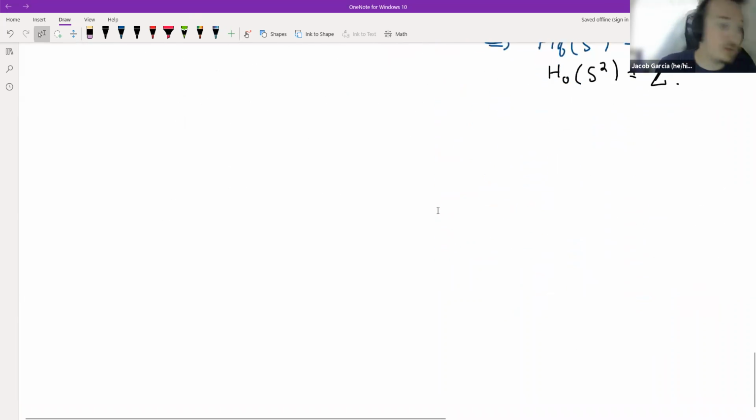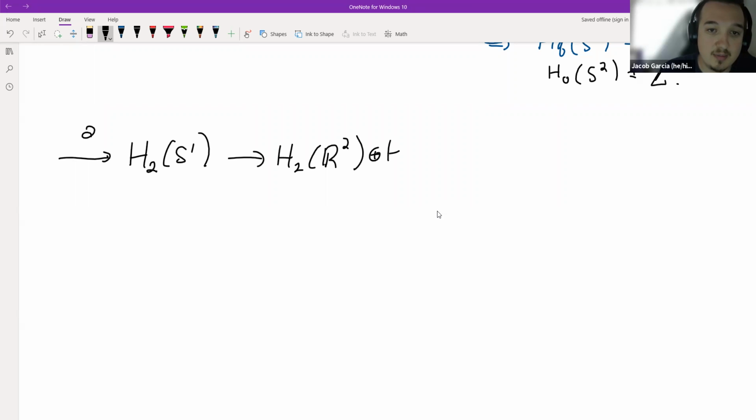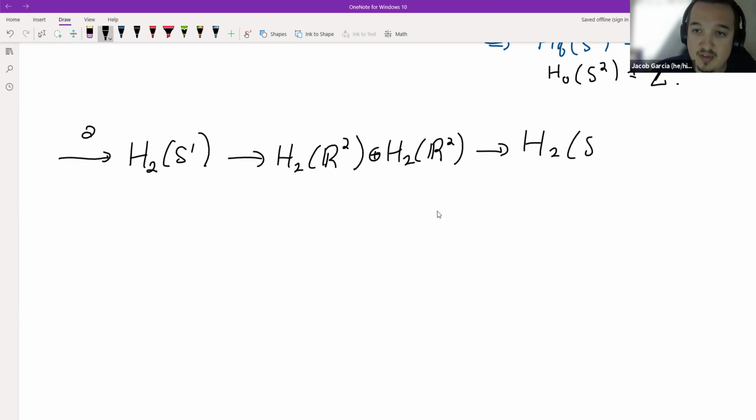So let's write out the sequence for these. I'm going to start with the boundary map: H2 of S1 goes into H2 of R2 direct sum H2 of R2, and this goes into H2 of S2, which is what I want to figure out.